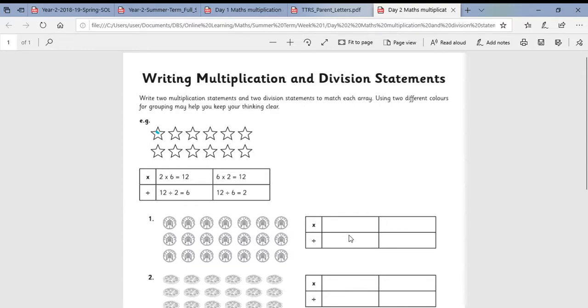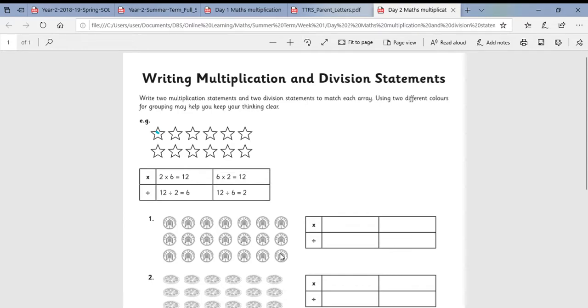Okay, so looking at the multiplication sentences first, I'm going to look down the columns and see how many columns I've got. So 1, 2, 3, 4, 5, 6, 7.